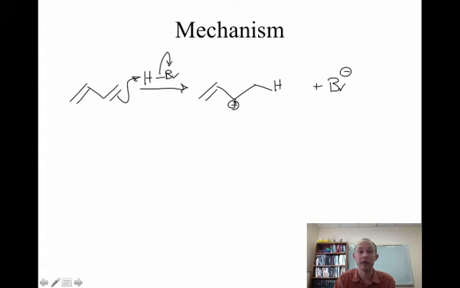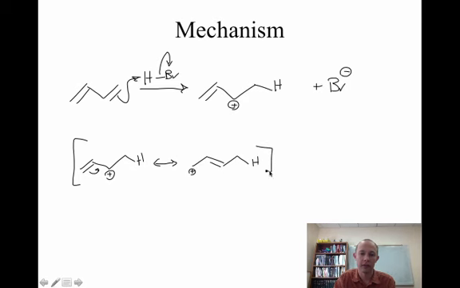But remember that this carbocation has a resonance structure. It's allylic. So to accurately represent this carbocation, the way that we should draw it is like this. We have this resonance structure, or we can move the double bond over, and we have this resonance structure.